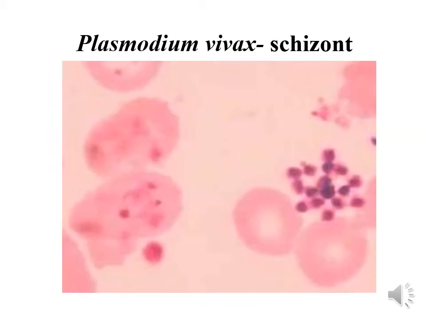This is a schizont, but you don't see the cell membrane. Usually, in the case of vivax, the number of merozoites from a mature schizont could be up to 24. The others, ovale and malariae, may have 12 or down to 8.